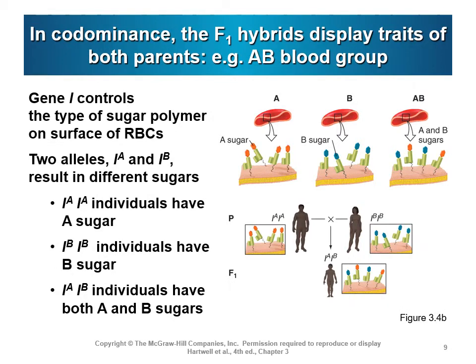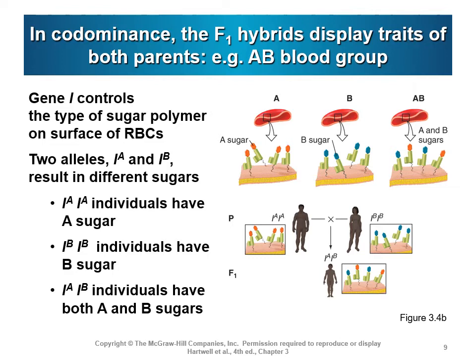Again, in codominance, the F1 hybrids display traits of both parents. For example, the AB blood group. The blood groups are characterized by sugar molecules being displayed on red blood cells. Let's consider that the gene I controls the type of sugar on the red blood cells.